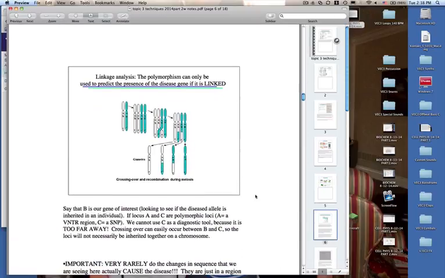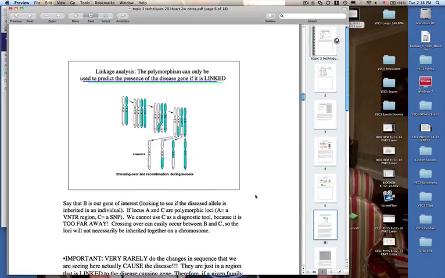Now, we need one more point of interest before we start looking at our little examples here, and that is linkage. Okay, so genetic linkage analysis, as the name implies, means that whatever little polymorphic site that you're looking at is going to be inherited right alongside with your gene of interest, right?